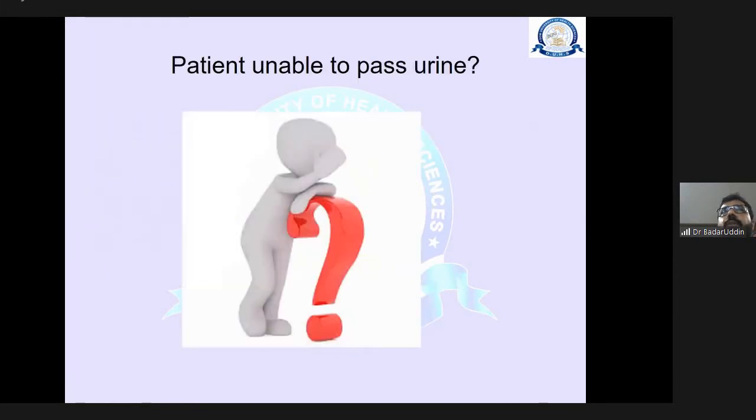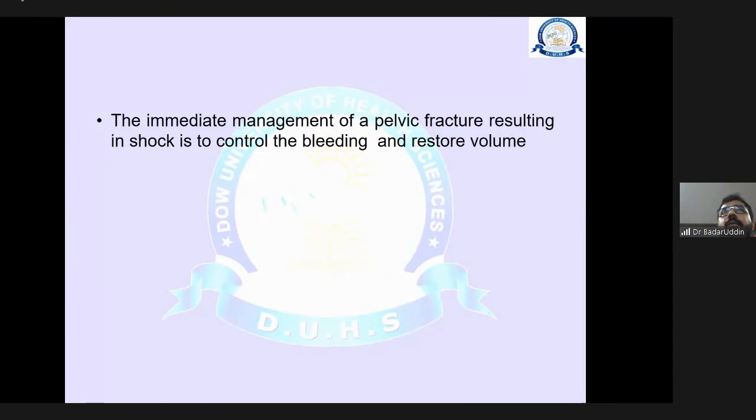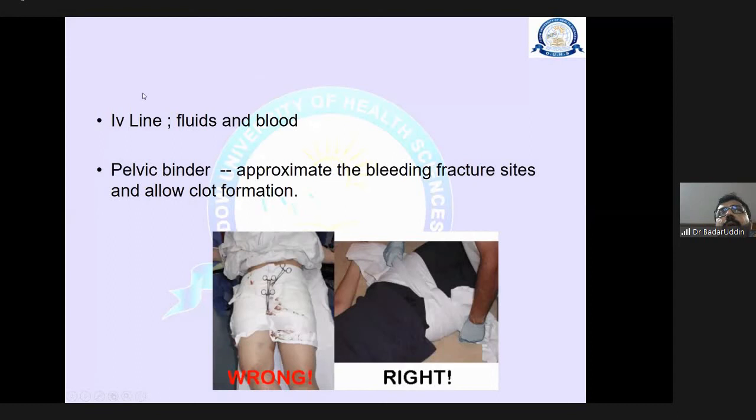So what are the other methods to control the bleeding? Through the same IV lines, 2 large-bore IV cannulas, we give fluids and blood. And simultaneously you need to put the pelvic binder, not along the iliac crest, but at the level of the greater trochanter.